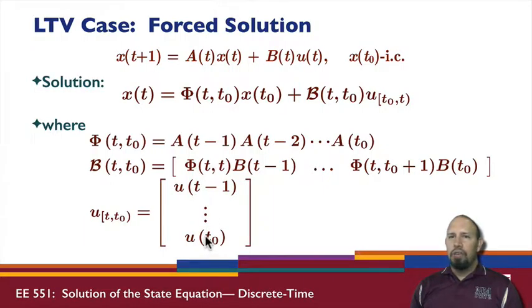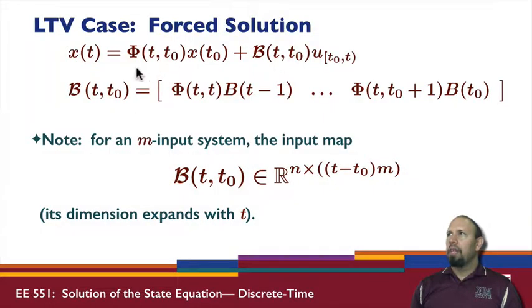So we can write our solution in the exact same form, and so we have that nice feature. Again, here's our forced solution. Here is our control map, our input map. For an m input system, the input map, which is defined here, is of dimension n by t minus t naught times m.